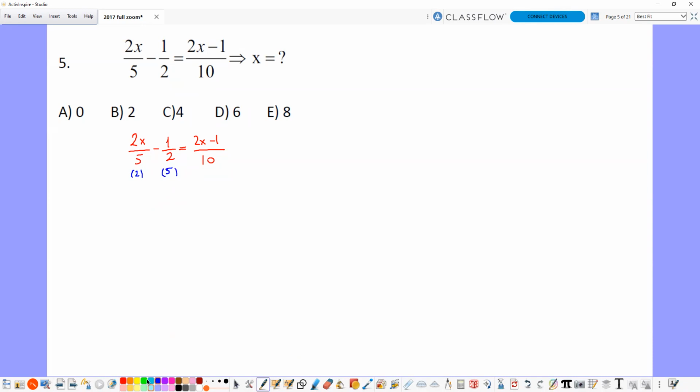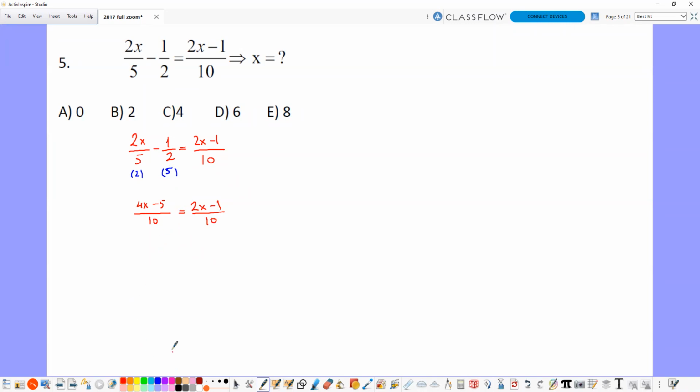So 2 times 2x, it's going to be equal to 4x. Then 5 times 1, it's equal to 5. But here minus 5, it's going to be because there is a subtraction. That's why it's minus 5. So divided by 5 times 2, it's equal to 10. So this is the common denominator now. It's equal to 2x minus 1 over 10.